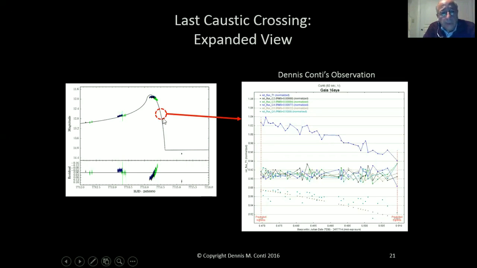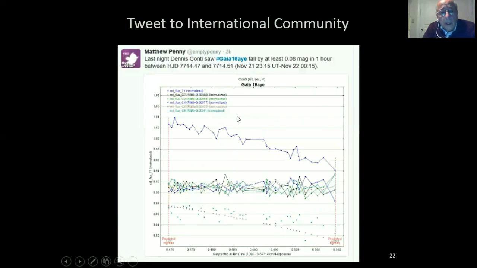Like I said, I was only one of 2 observers who were able to catch it on this downward slope. And in fact, my observation was tweeted out to the international community, and my images are currently being processed for the professional astronomers who are involved in that particular microlensing event.